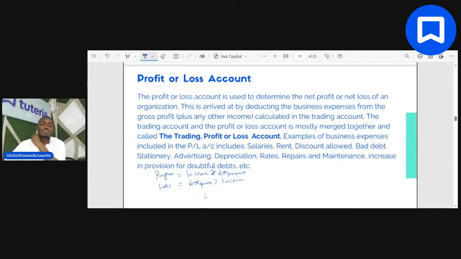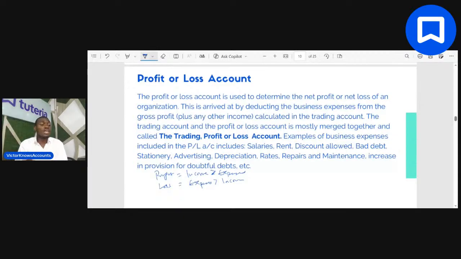The excess of expenses over income is what? Is loss. Now the profit or loss account is used to determine something called the net profit. The net profit is the final profit that you made. Don't forget, gross profit is the profit that you made in the ordinary course of business. You have not deducted all other business expenses like your rent, your transport, your advertising, all of that. You have not deducted it, but you have your gross profit.